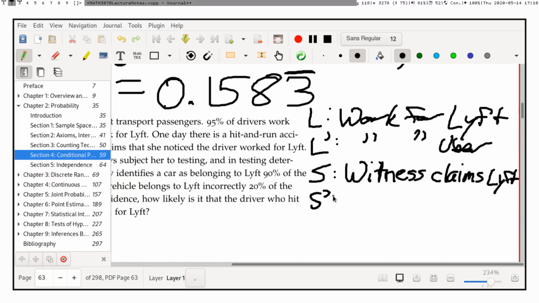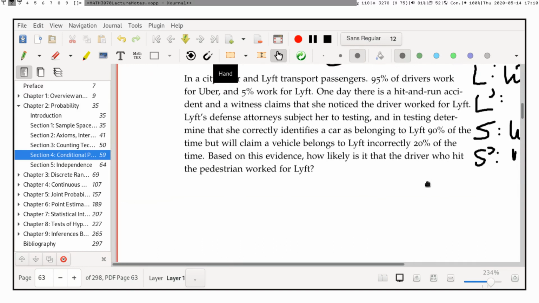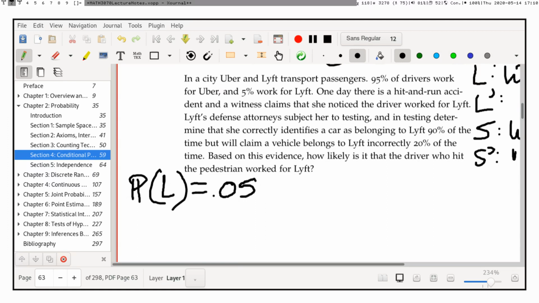So the complement of S will be when she says that the car worked for Uber. Okay? So, the probability of the car working for Lyft, of the car being a Lyft car, is going to be 0.05.